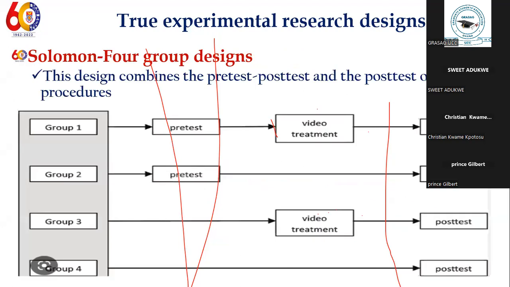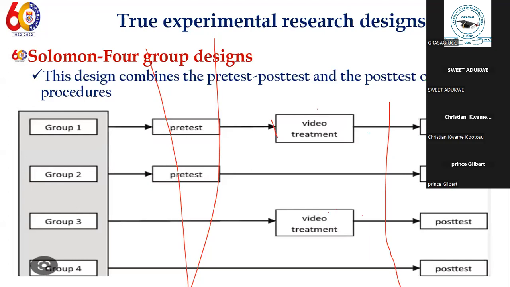The next one we'll look at is the Solomon 4 group design. In the Solomon 4 group, some people say it combines all aspects of the pre-test, post-test, and the post-test only design. Why is this so? Here, there are 4 groups.